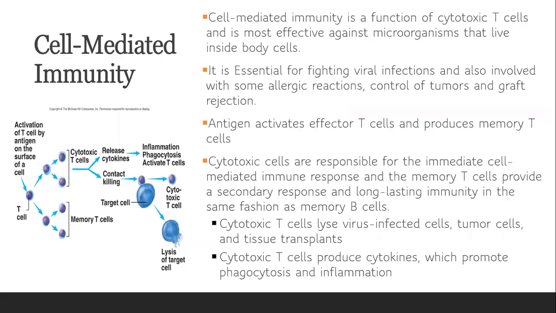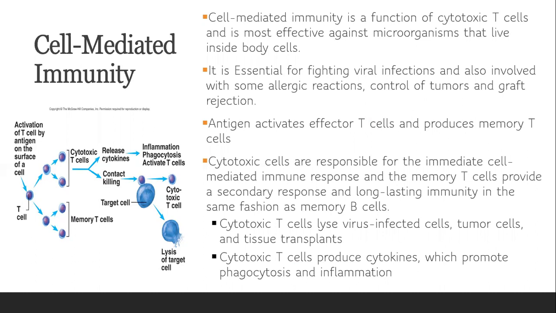Then our second type of adaptive immunity is cell-mediated immunity. It is a function of cytotoxic T cells and is most effective against microorganisms that live inside the body. It is essential for fighting viral infections and is also involved with some allergic reactions, control of tumors, and graft rejection. So the antigen activates effector T cells and produces memory T cells.